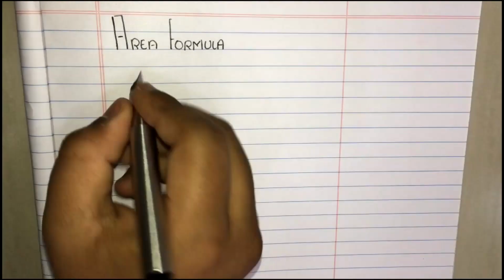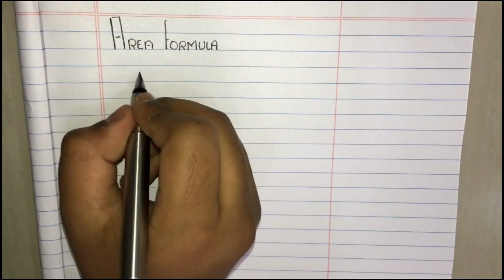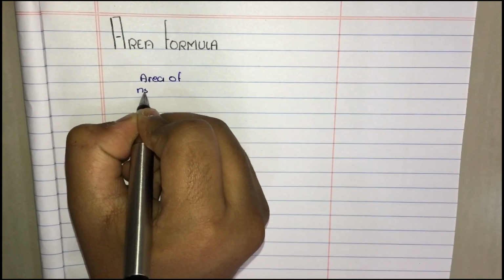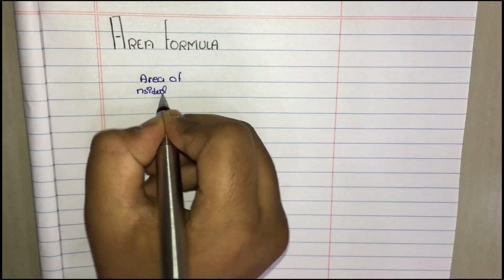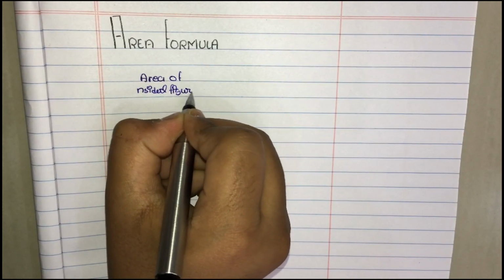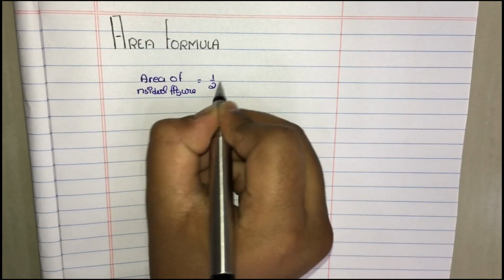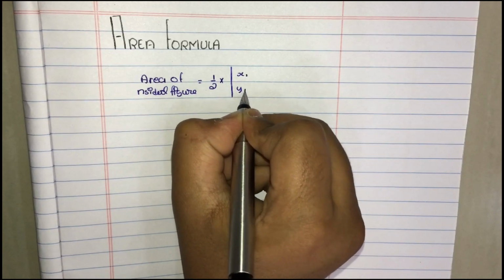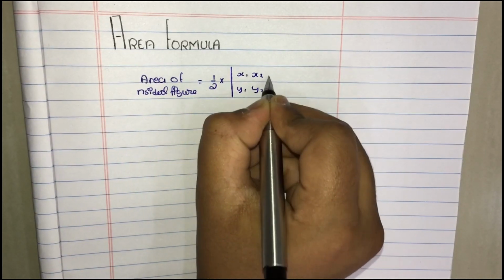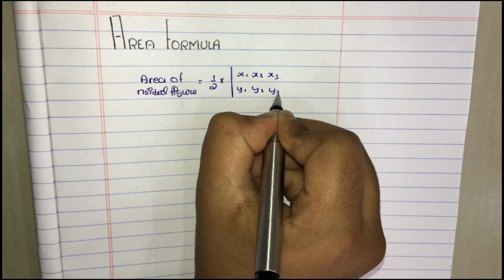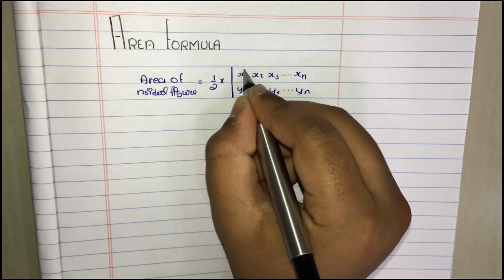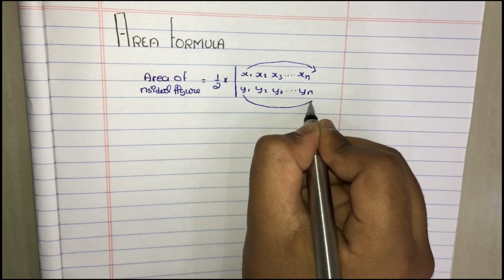So now let's learn the area formula. The area formula of any sided figure, that is the area of an n-sided figure, is equal to half into x1 y1, x2 y2, x3 y3, until xn yn, and again we should put x1 and y1 at the last.